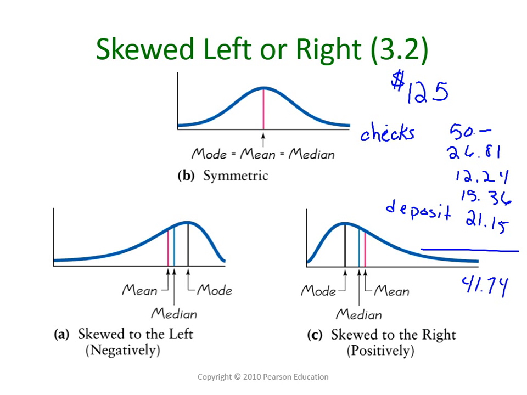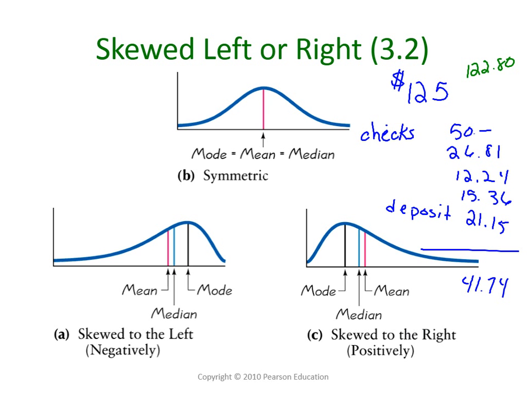Okay. Are we guaranteed to have $1.74 left? Why not? I didn't know my exact original balance. What if my original balance was really $122.80? I remembered it's around $125. So when I get to the end, I no longer have $41.